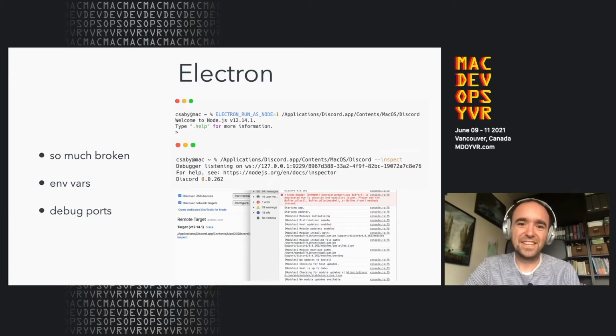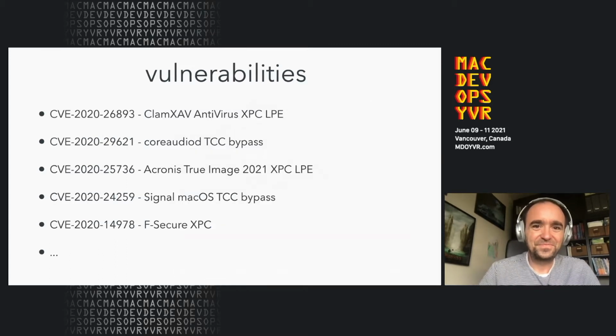We can still use the ELECTRON_RUN_AS_NODE environment variable to start an Electron application in a Node.js prompt, and then run our custom JavaScript inside that application and thus inject custom code, or we can use the --inspect argument with any Electron application, basically starting it in debug mode, and that will also allow us to inject any code into the application. And this is not good.